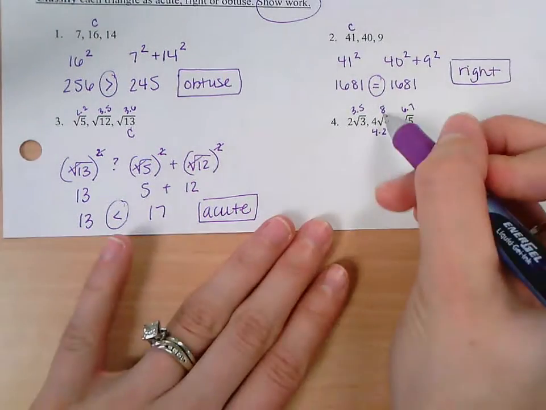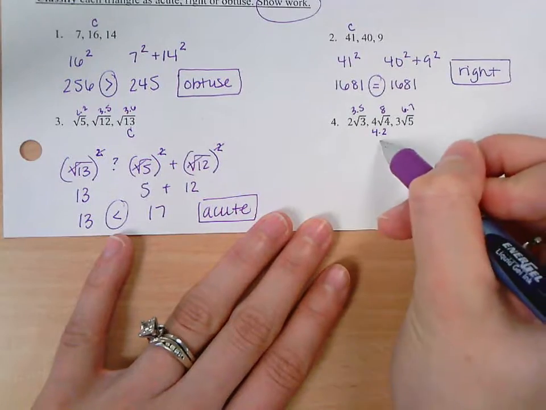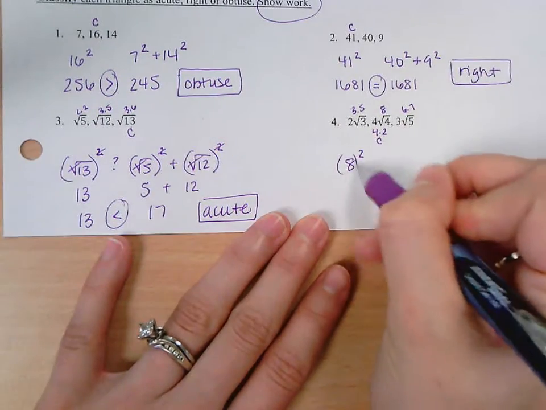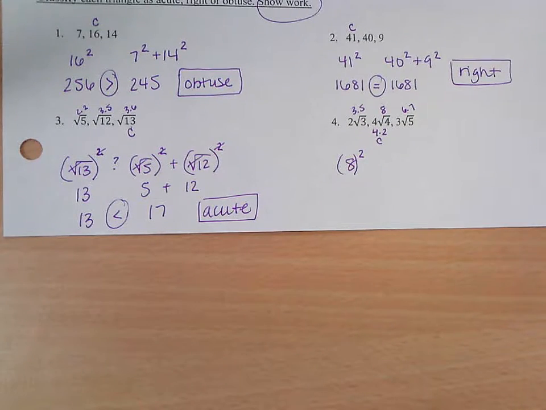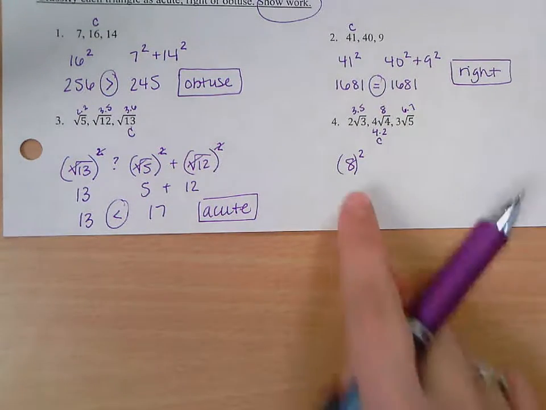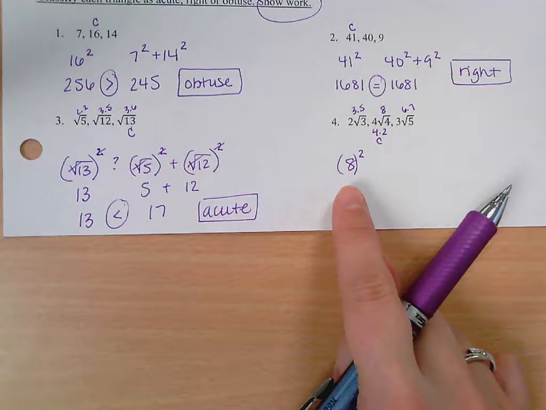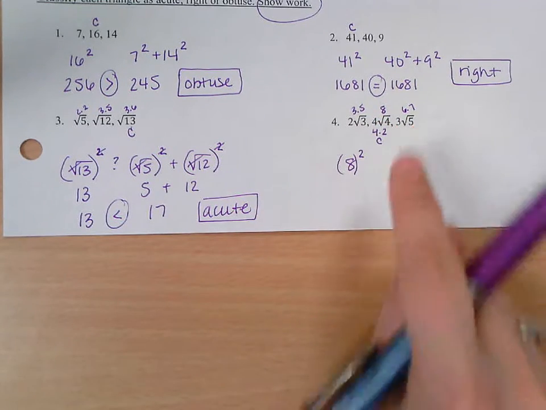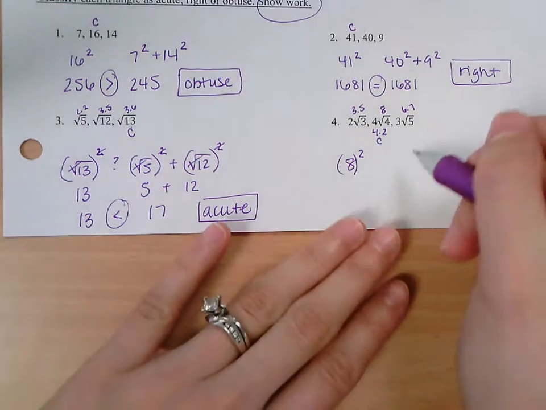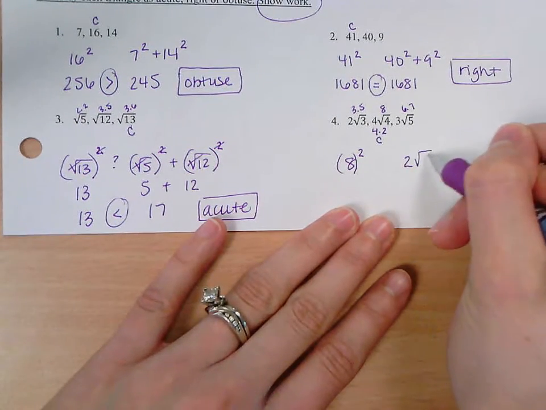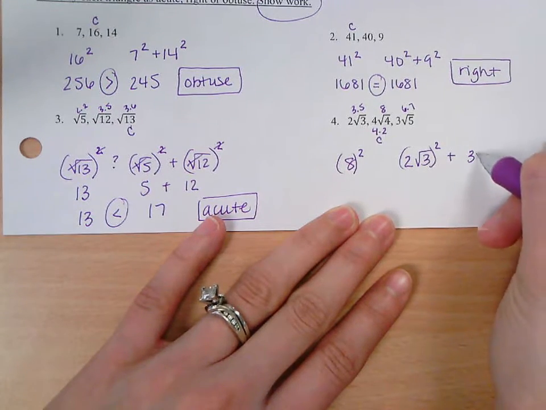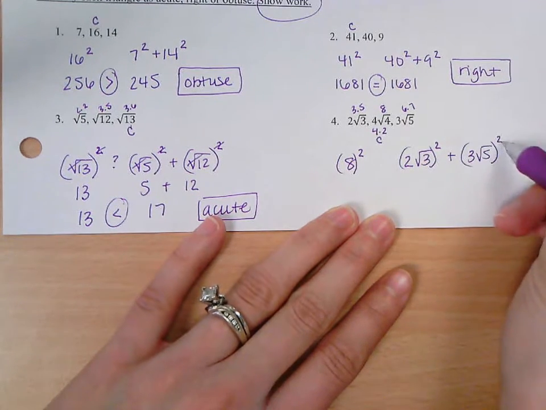I'm going to put C here so you know which one is C. I'm just going to write 8 squared. I don't have to put the 4 square root 4 squared because it is exactly 8. I didn't round it. That is the number 8. The other two I want to leave as square roots because I rounded those. So then I'm comparing it to 2 square root 3 squared plus 3 square root 5 squared.